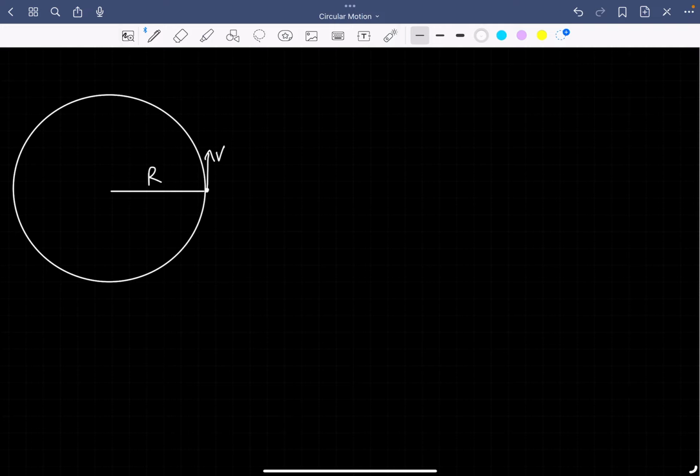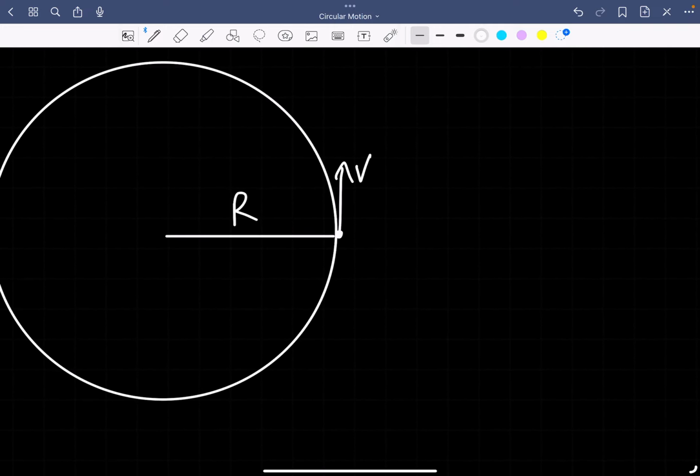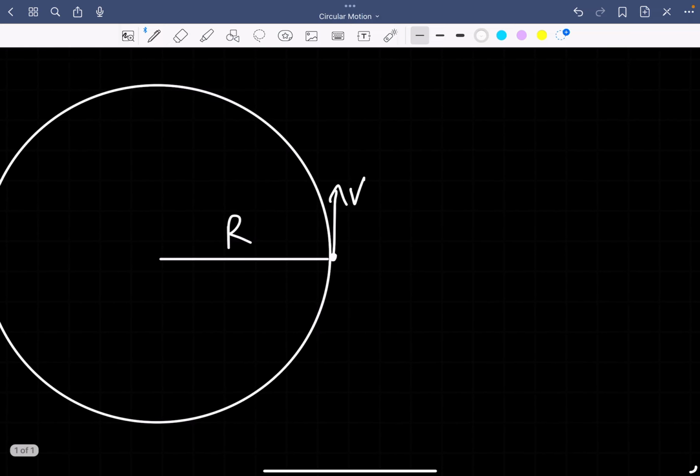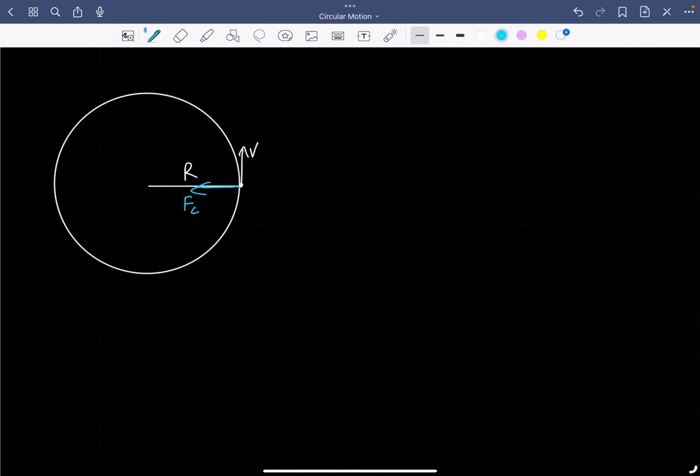Another way to gain intuition into why the force is perpendicular, and directed inwards towards the center of the circle: say you have a mass attached to a string and you swing it in a circle.